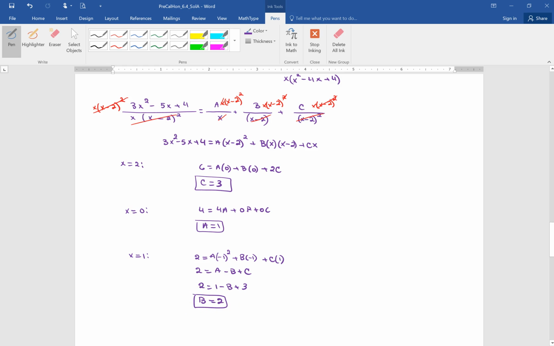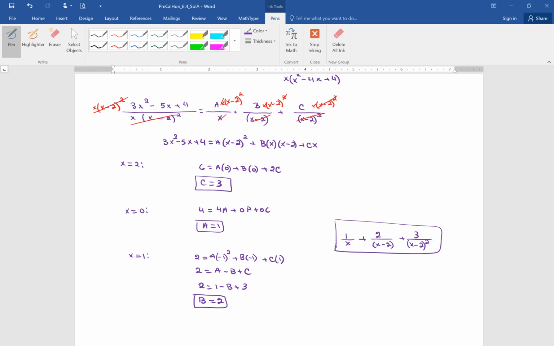Okay, so now A is 1. So 1 over x plus B is 2 over x minus 2 plus C is 3 over x minus 2 squared gives me my decomposed fraction. Okay?